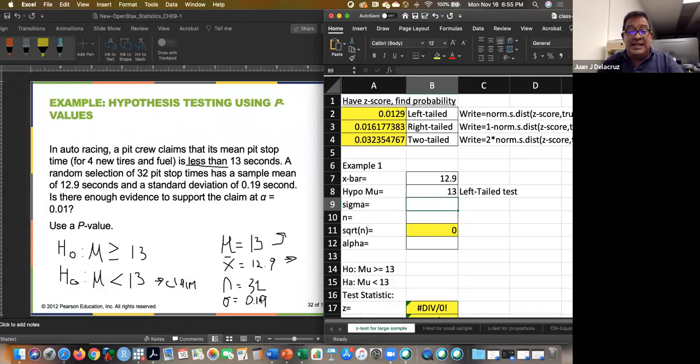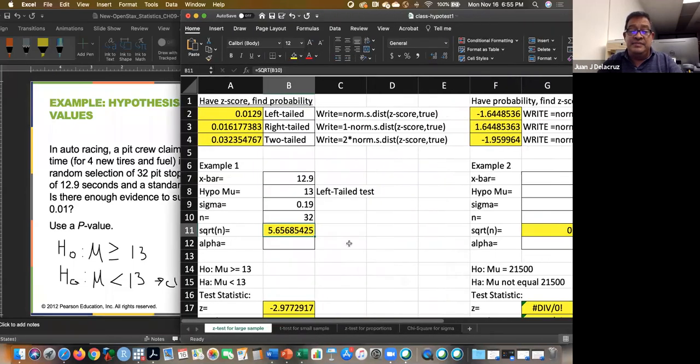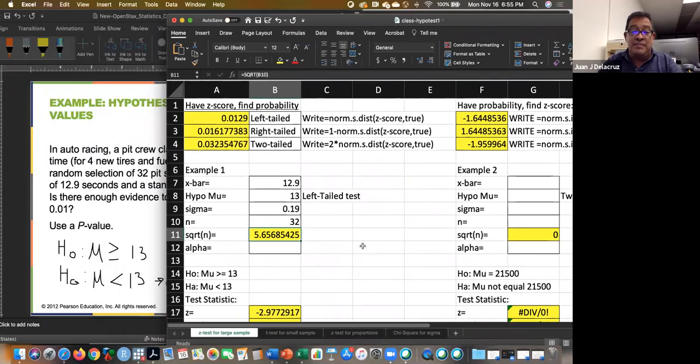Sigma, which is the standard deviation, is 0.19. And the sample size is going to be 32 cars, right? And this is my alpha.